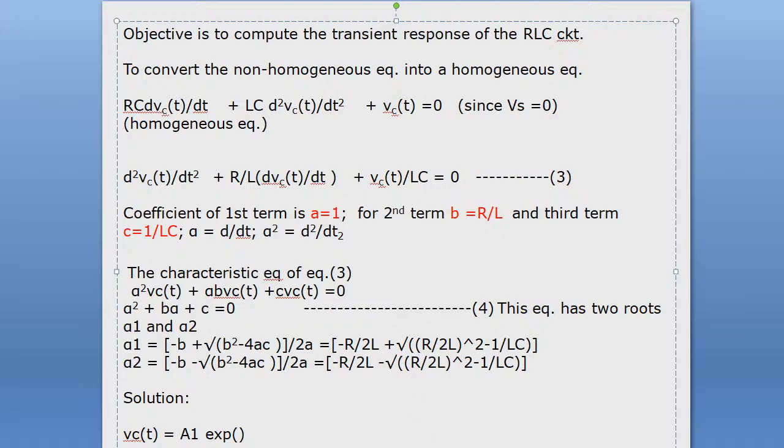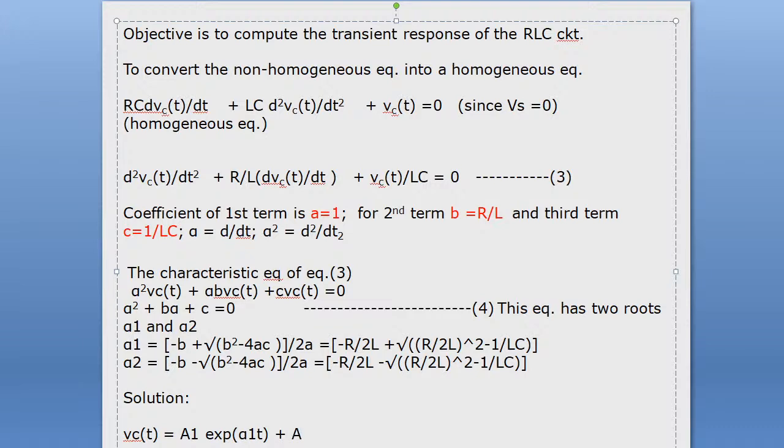Now we have obtained the values of roots alpha 1 and alpha 2, and we know that the solution of this homogeneous equation is a1 exponential alpha 1 t plus a2 exponential alpha 2 t. a1 and a2 are constants.